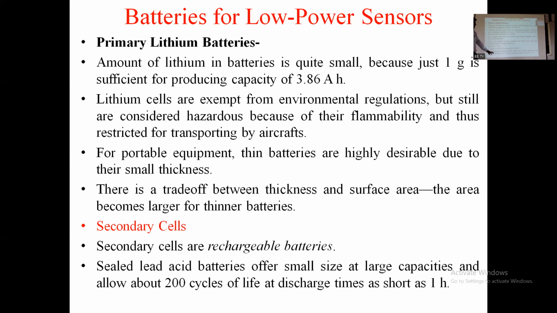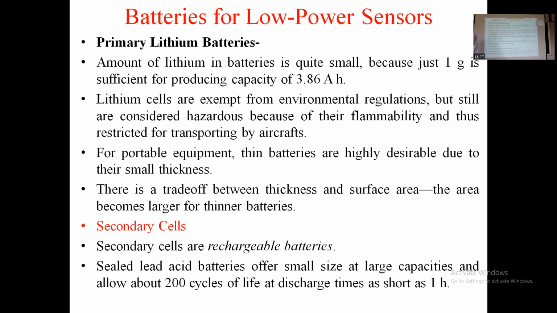So this type of battery has a large capacity and small size. Since its size is small and its capacity is high, its output delivering current in ampere-hours will be more, and due to that it will discharge in less than 1 hour.